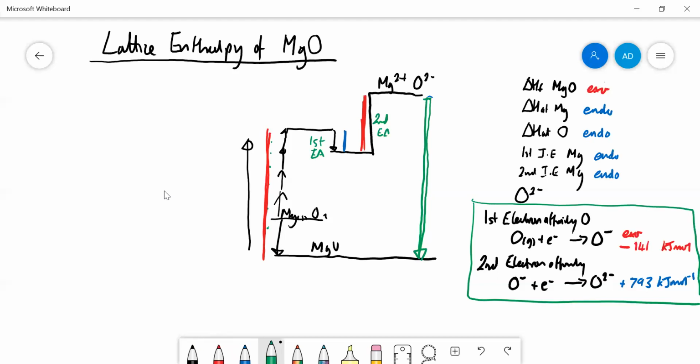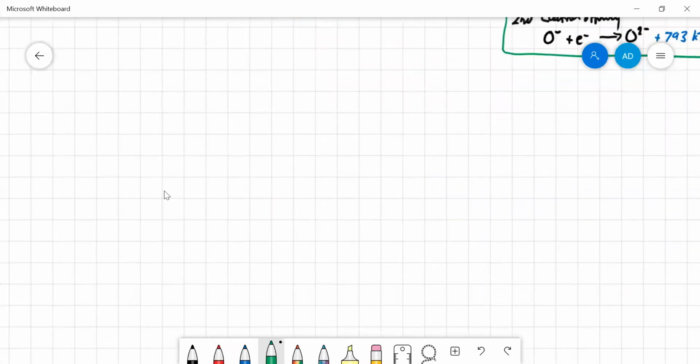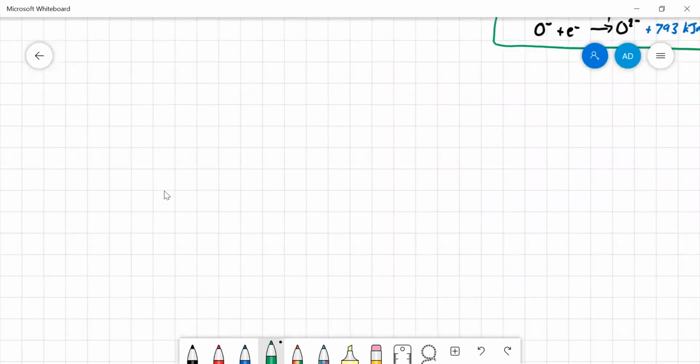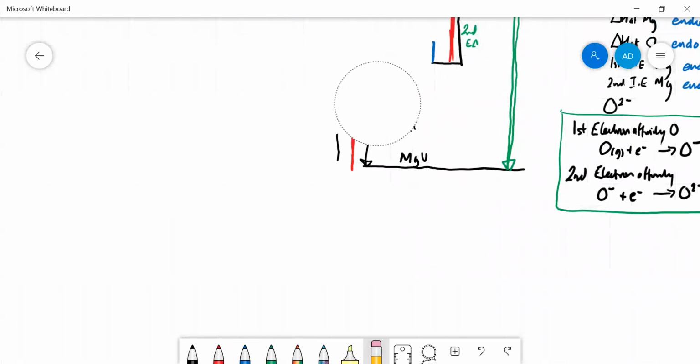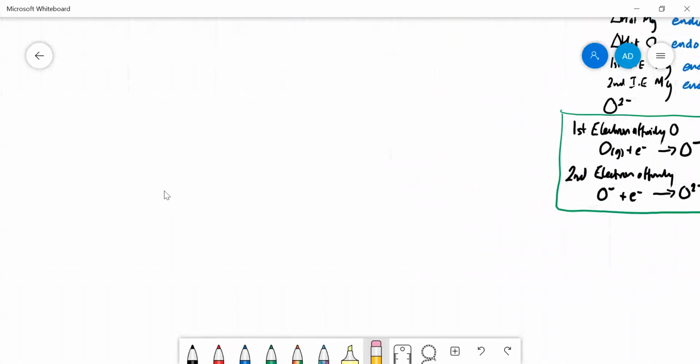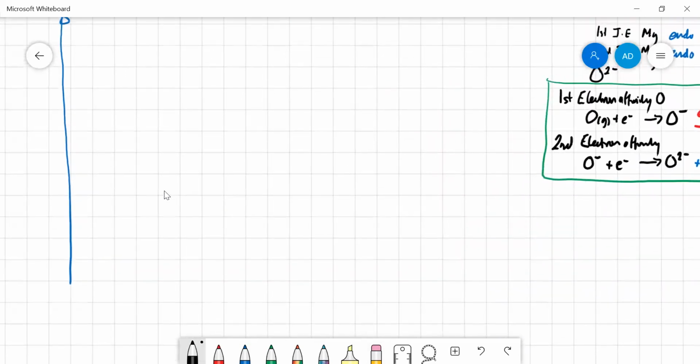Okay, let's try this one then. At the bottom of the screen, I'm going to rub some of this off, I think. Okay, so here is our energy line. Start off with the elements in their standard states, as always. So I'm going to start off fairly near the bottom here.